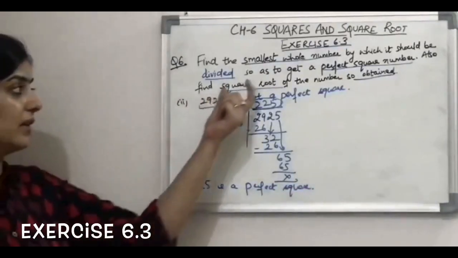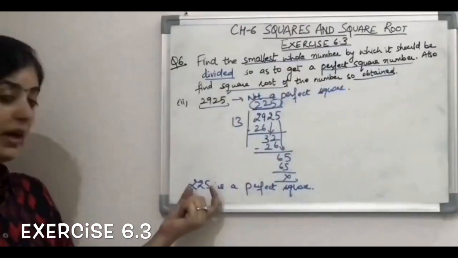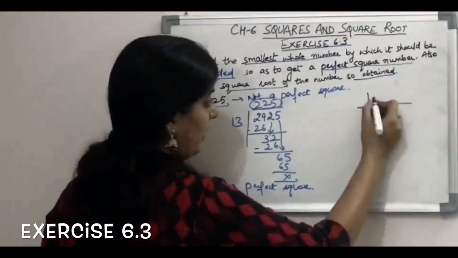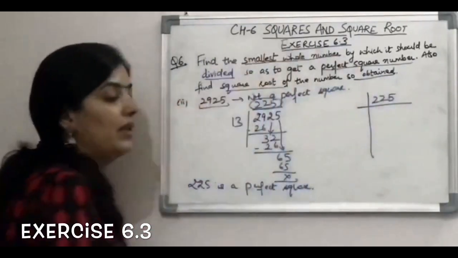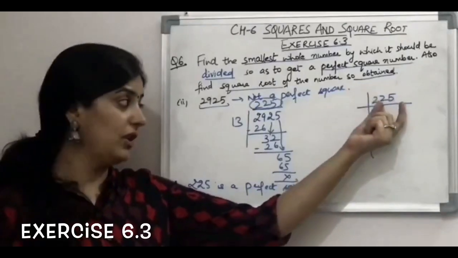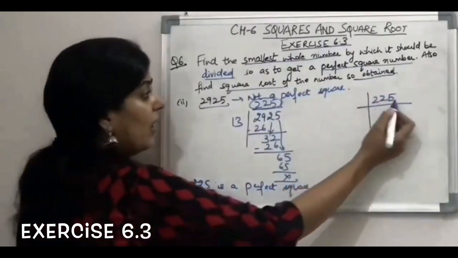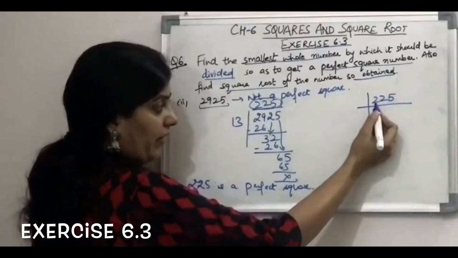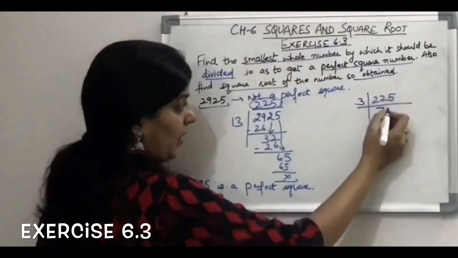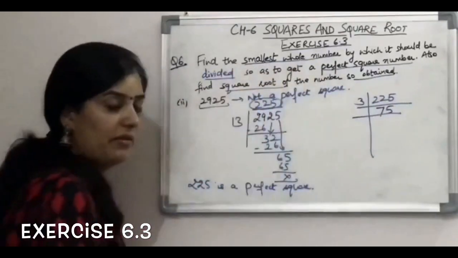Again you have to find the square root of this number 225. Again we will make prime factors. Let us start. It is an odd number, so it will not be divisible by 2. We will check for 3. 2 plus 2 plus 5 is 9. So it is divisible by 3. 3 twos are 6 and 3 fives are 15.